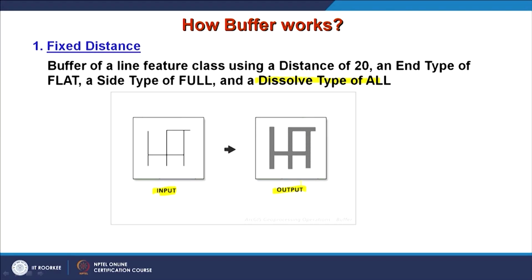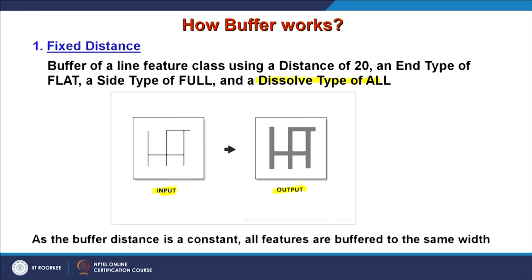So for a road network or a street network within a city, such kinds of buffers can also be created. Now in this example the buffer distance is constant, so all features are buffered to the same width. But what if it is not constant and is varying depending on, say, the road traffic?